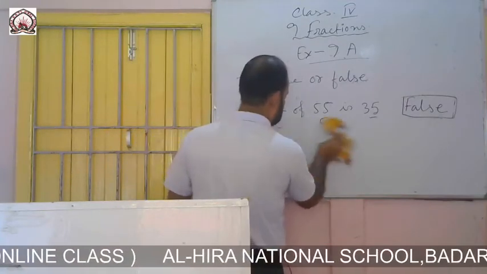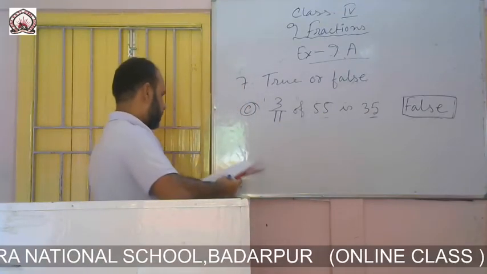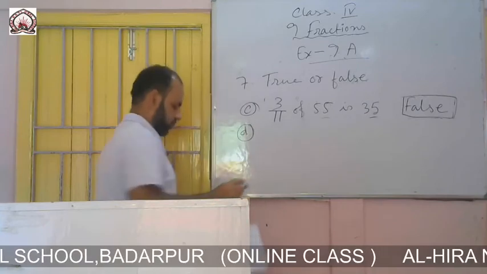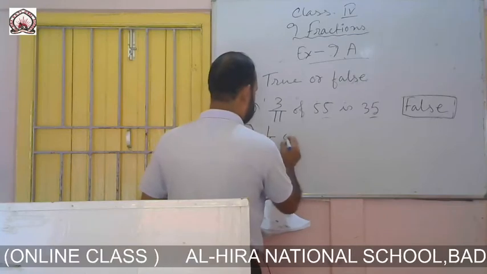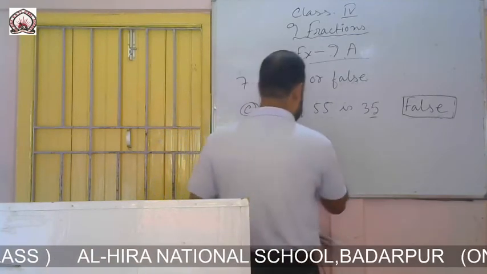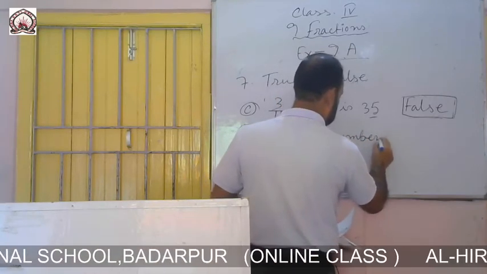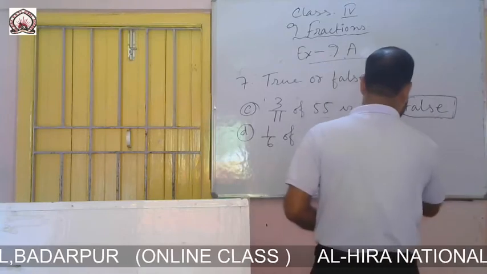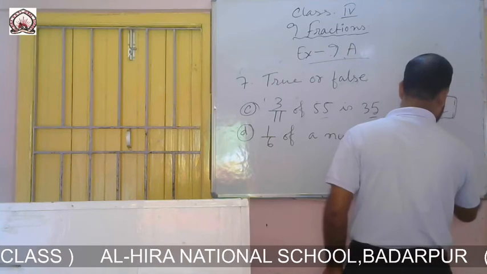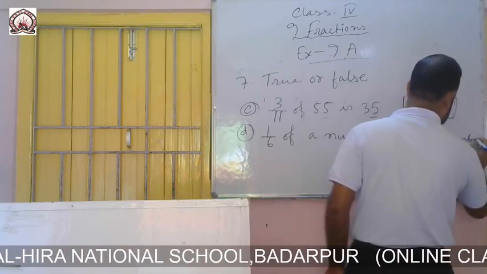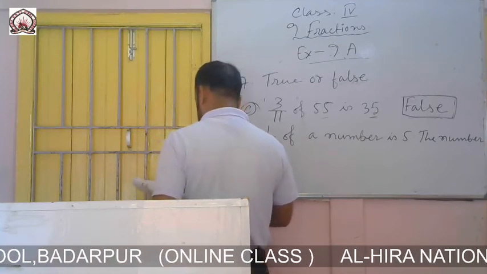Next, question number D. 1/6 of a number is 5. The number is 30.